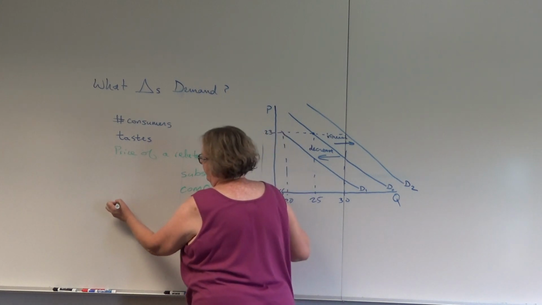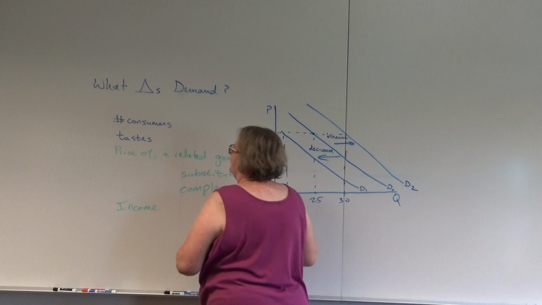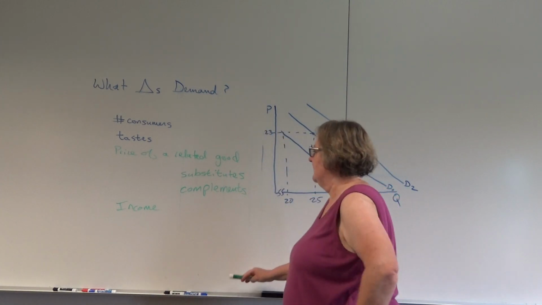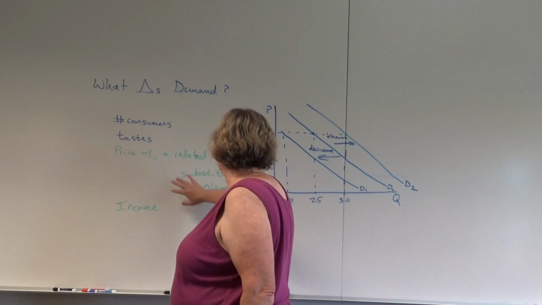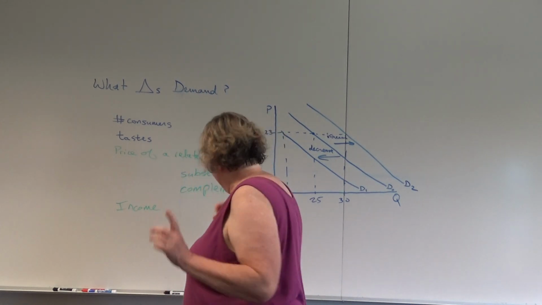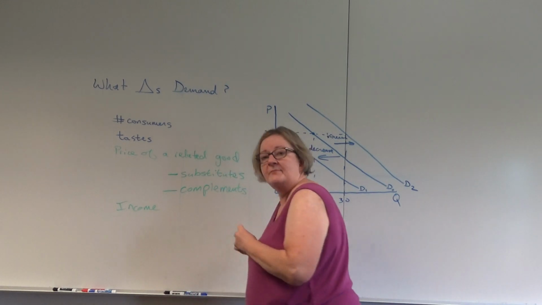And I'm going to write income up here. We're getting through these rather quickly. But let's start here. Price of a related good. There are two ways things can be related: substitutes and complements.